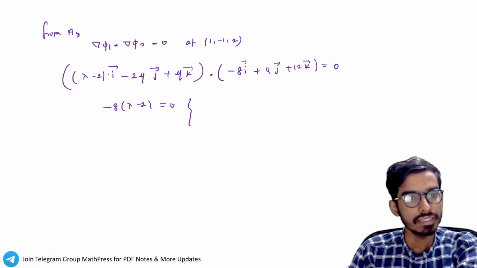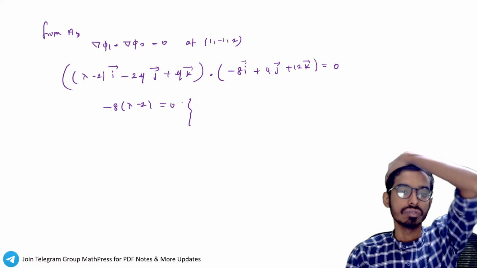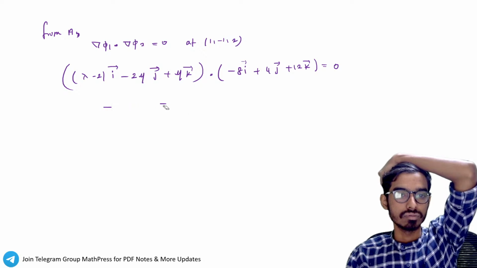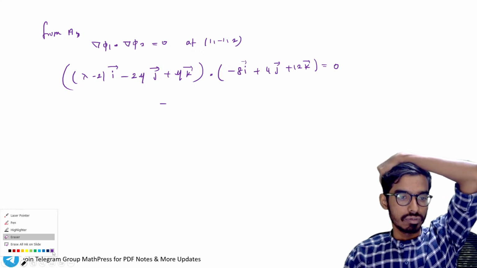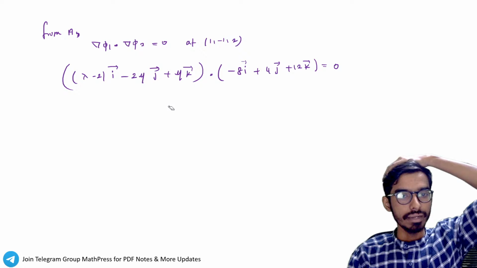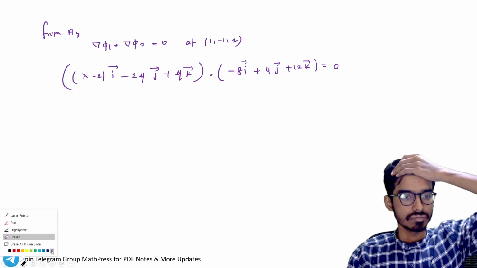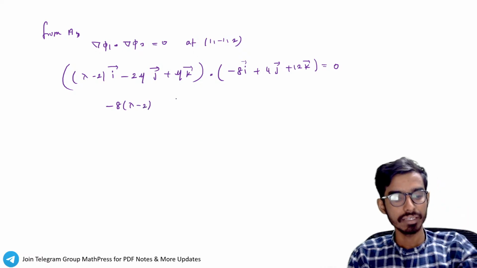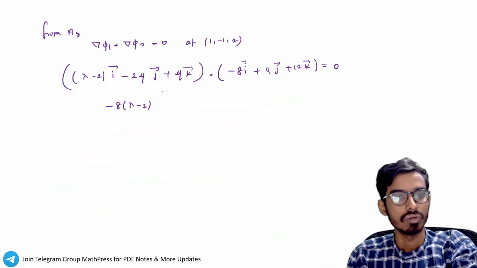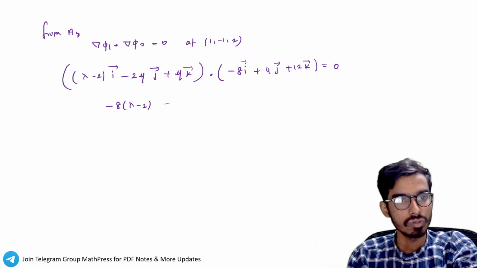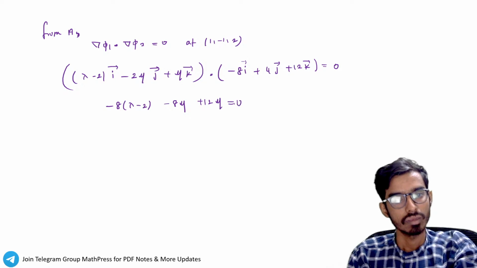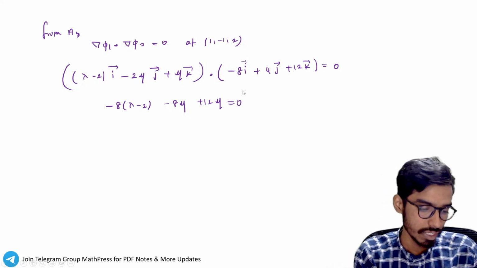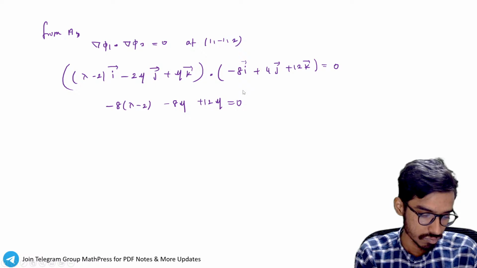So this will be minus 8 into (lambda minus 2), minus 2 mu into 4, that is minus 8 mu, plus 12 mu is equal to 0, right?